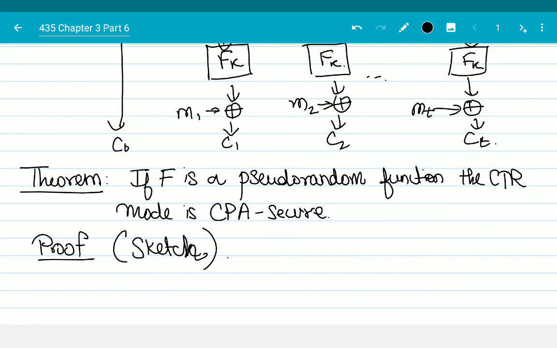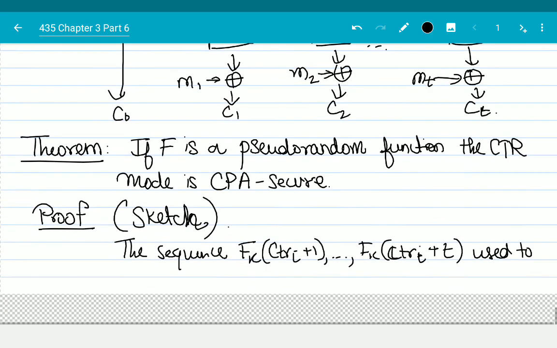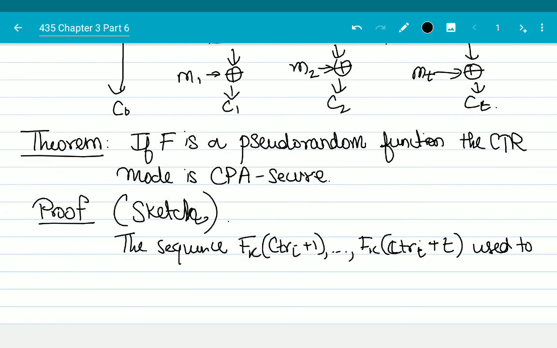What happens is the sequence Fk of CTR_i plus 1, dot dot dot, Fk of CTR_i plus t, used to encrypt the ith message, is pseudo-random.